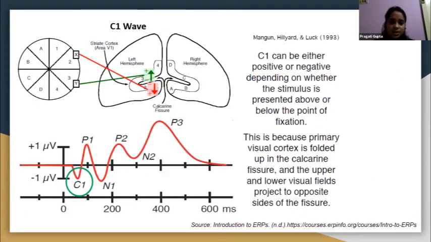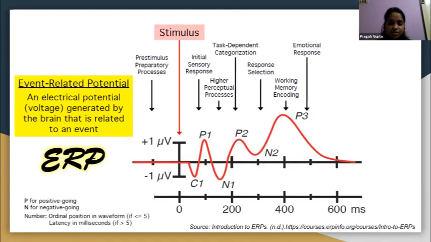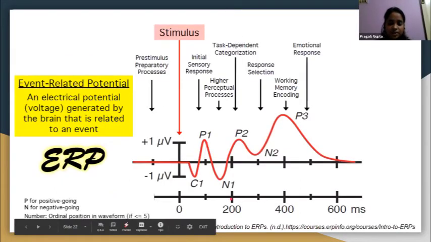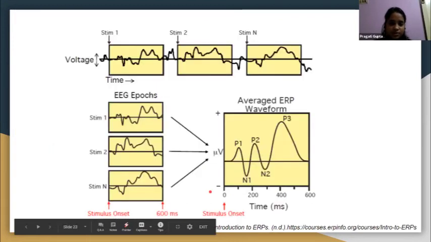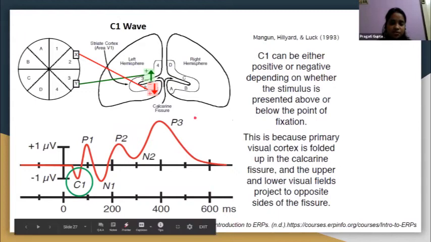Firstly, we have the C1 wave. As you have noticed, I have not told what the C means. Initially in this slide we started from the P1 and the positive going and negative going, but C is the first wave, which we see before P1. These are generated from the primary visual cortex, and these are cross connections in general.